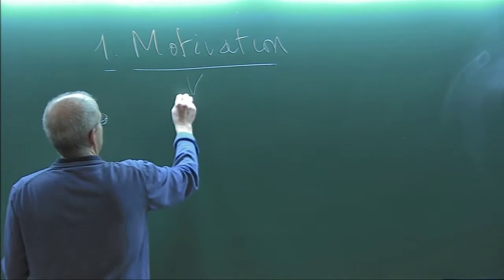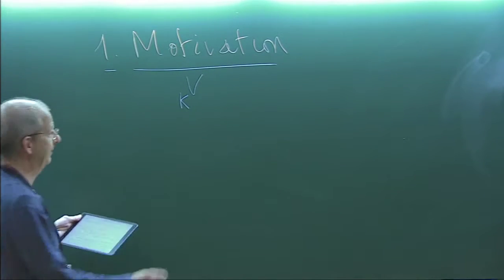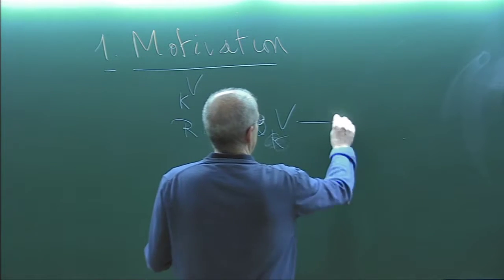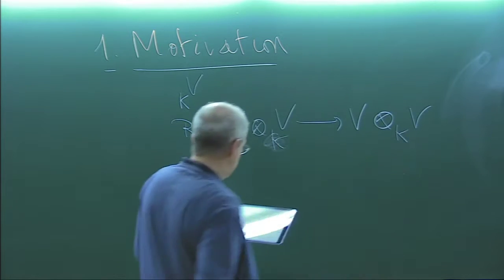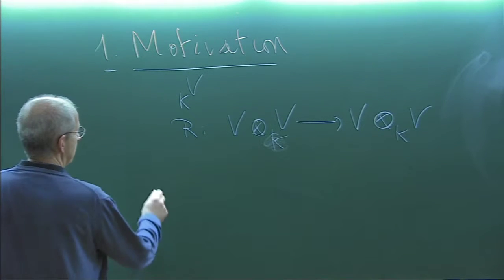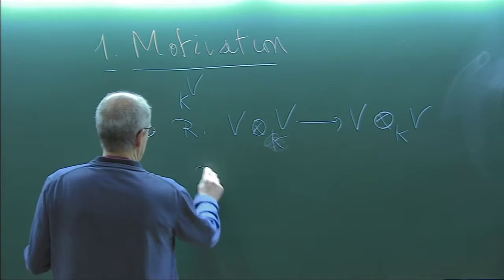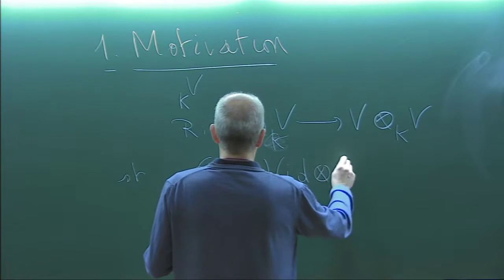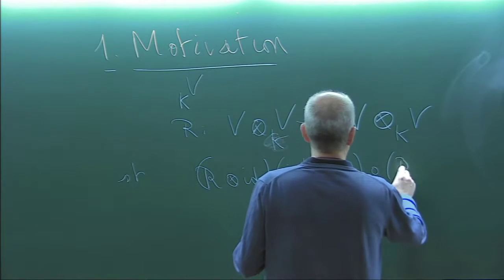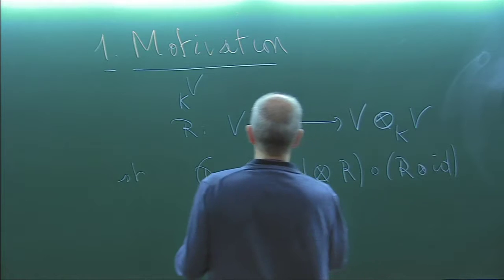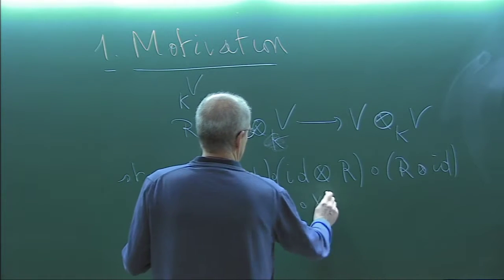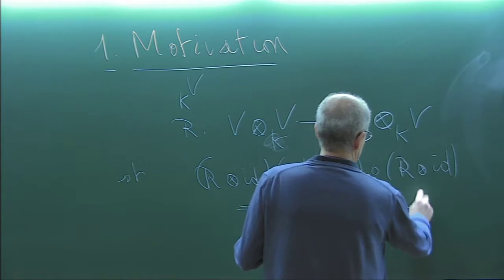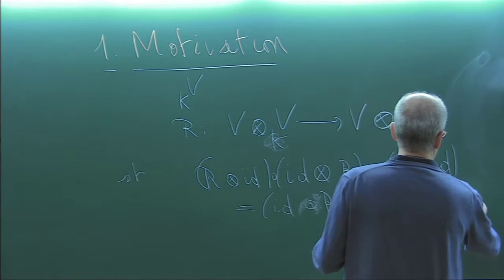You take a vector space V over a field K, and then you look for mappings R from the tensor product of V with V to itself, such that the following equation is satisfied: R tensor the identity, identity tensor R, then R tensor the identity is equal to the same in the other order. So in other words, the braid relation has to be satisfied.